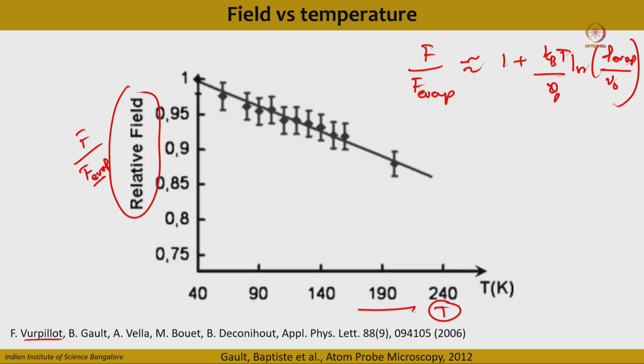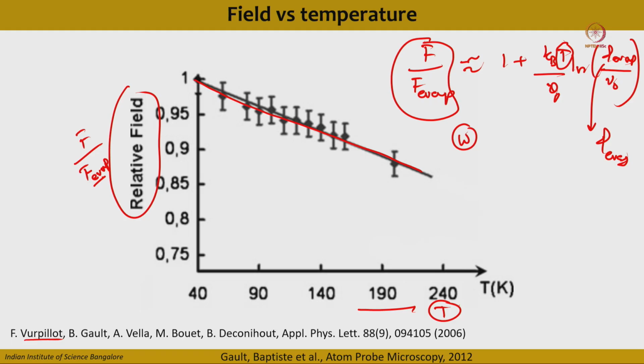To keep this constant, you can vary the relative field and the temperature. He has recorded this for pure tungsten, and you can see that it fits exactly in a linear way.